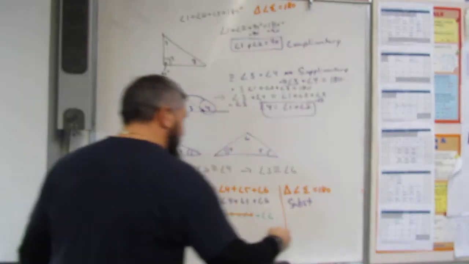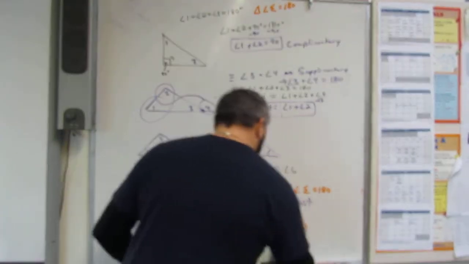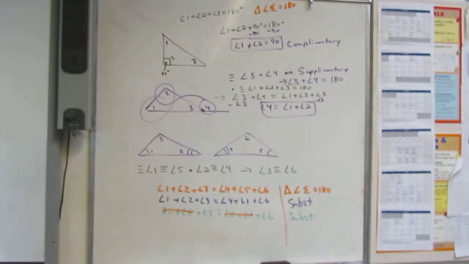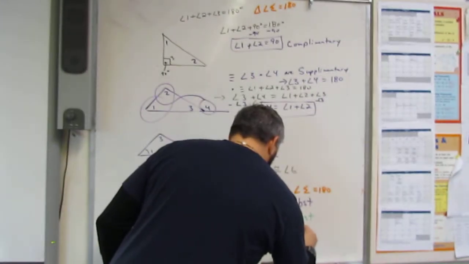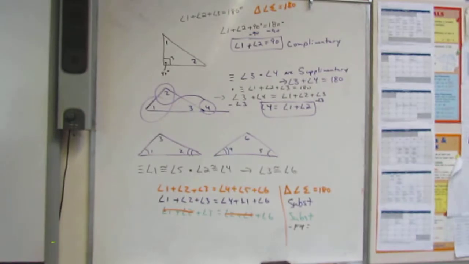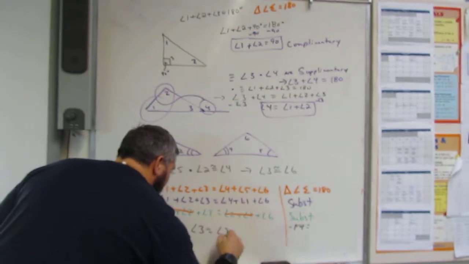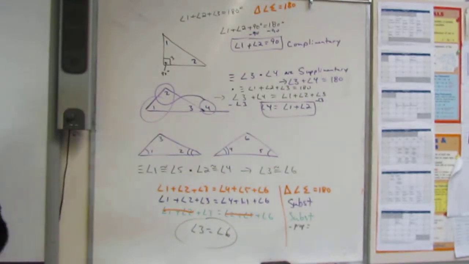And then we substituted again, and then we used the subtraction property of equality. And we were able to come up with the theorem: angle 3 is equal to angle 6.